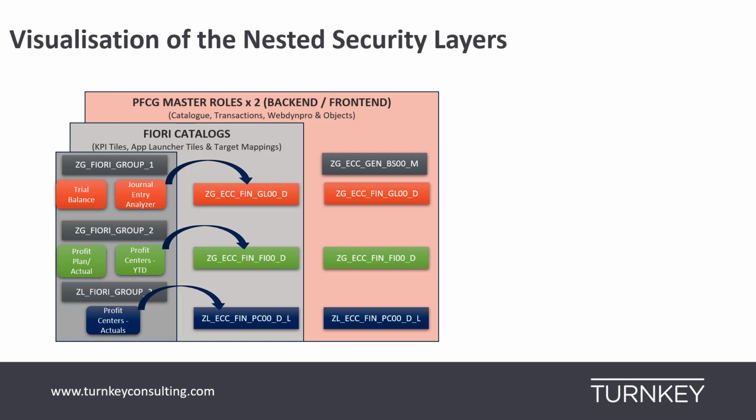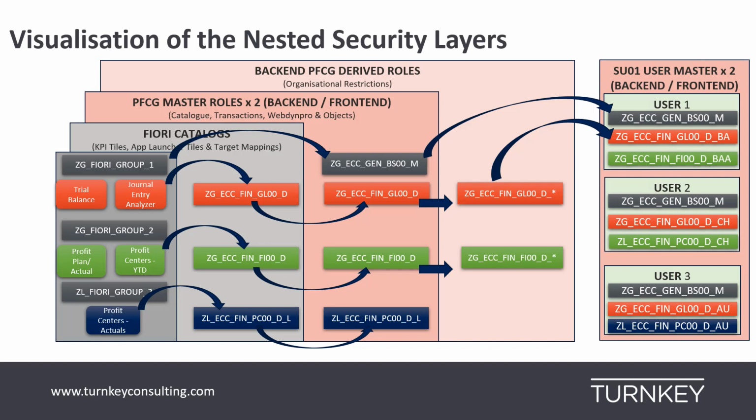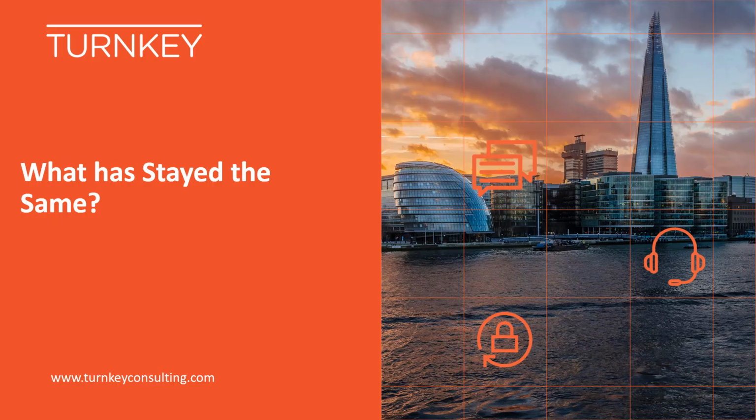You then have PFCG, so you've got the master roles, which you're maintaining on the back and front end, and you're maintaining the assignments of the Fiori apps and groups over into the back end and the front end. And then finally, you're able to create those derived roles from those master roles that you've maintained within PFCG. And then those users can get assigned to those Fiori catalogs, as well as those Fiori master roles.